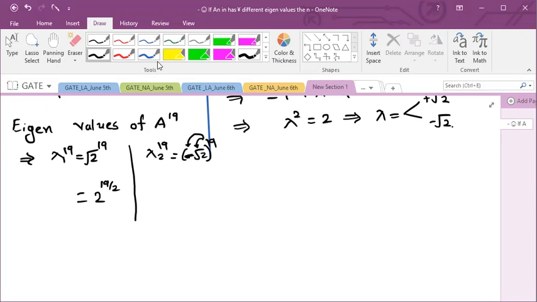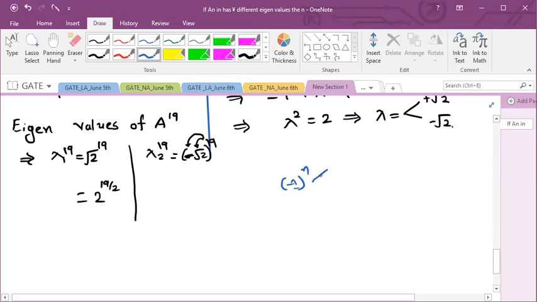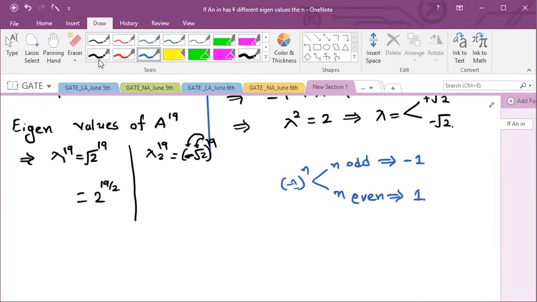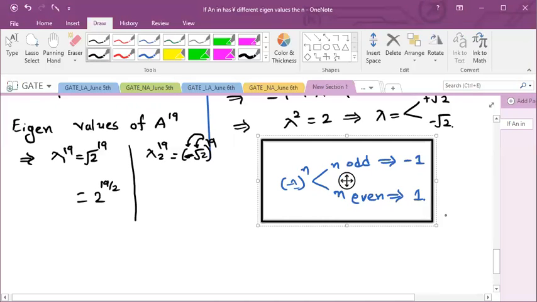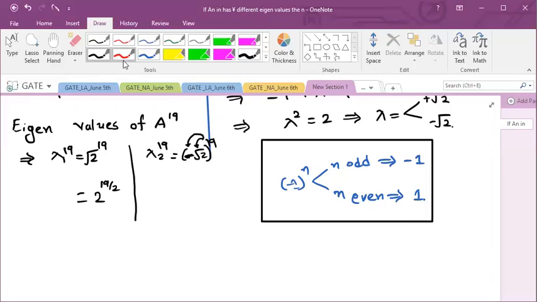You all know that if I have minus 1 to the power n, and that n is odd, then this term will give me minus 1. Minus 1 to the odd power is minus 1 and minus 1 to the even power is plus 1. So this lambda 2 to the power 19 will give me minus 2 to the power 19 by 2.